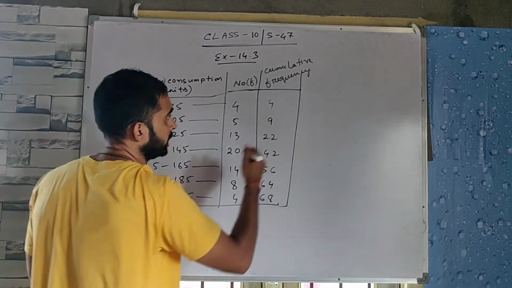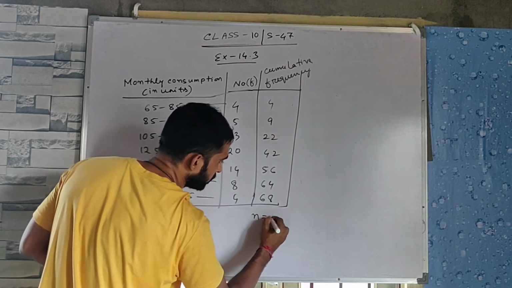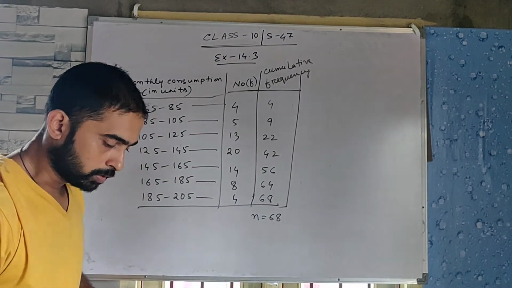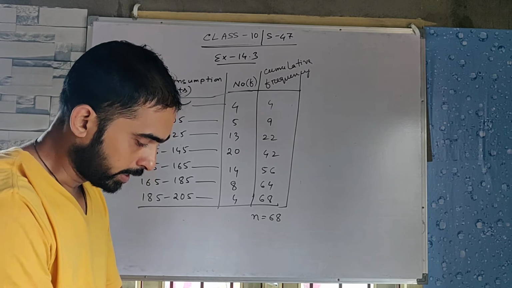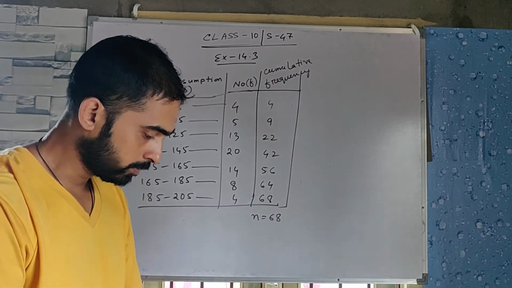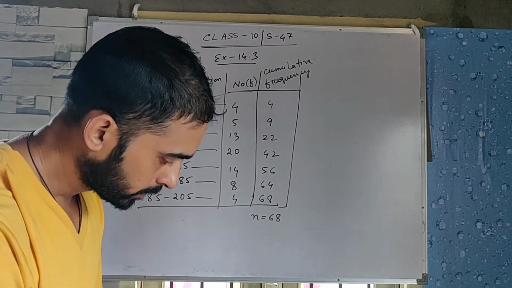So here n equal to 68. Now we have to find out the median of this. One question.